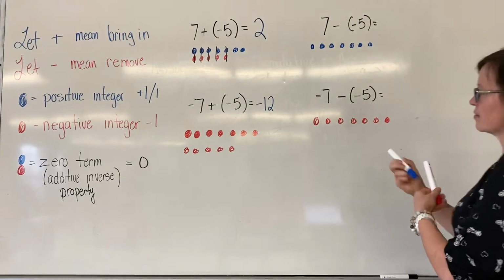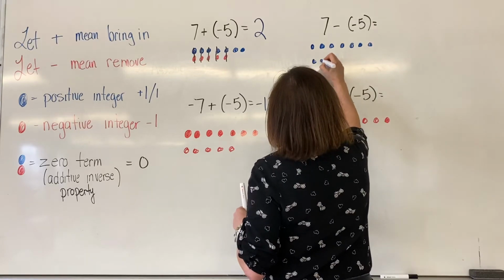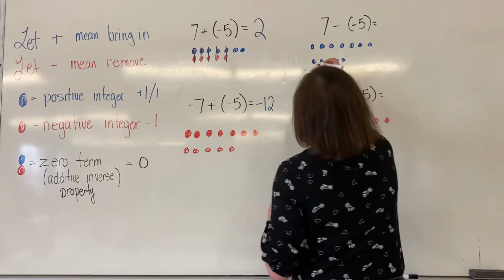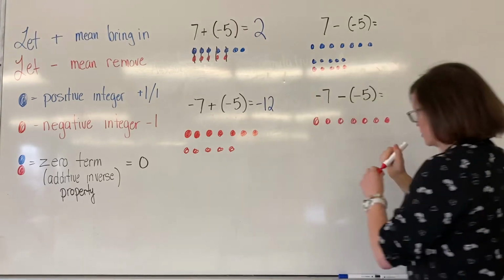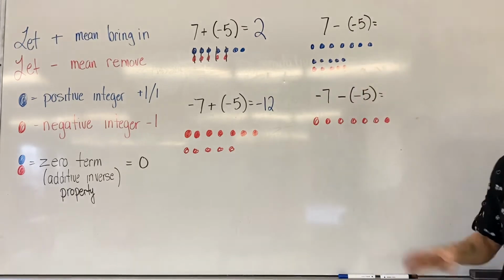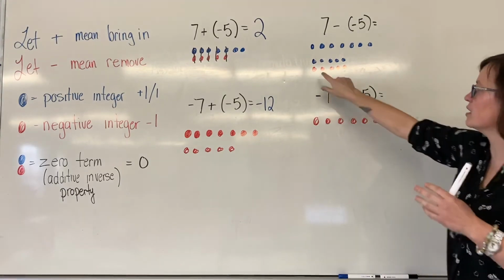All right, so here are my zero terms. 1, 2, 3, 4, 5. 1, 2, 3, 4, 5. So right now I have 7 plus 0, because these are zero terms. They cancel each other out, right? That additive inverse property, they have no value.